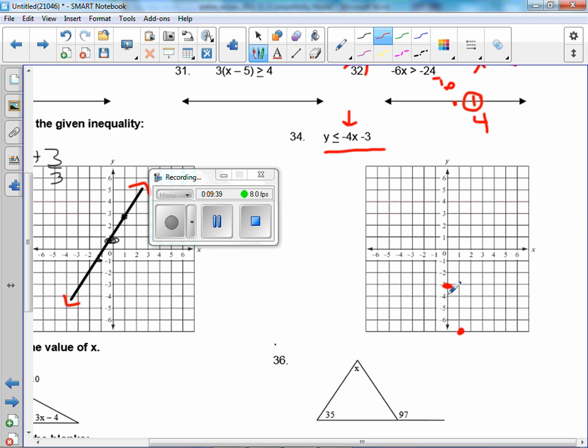And if I go up 1, 2, 3, 4, right here, I'm going to go over 1 in a negative direction. So it's a pretty steep slope here. So now I'm going to connect the dots here. And this is the graph.